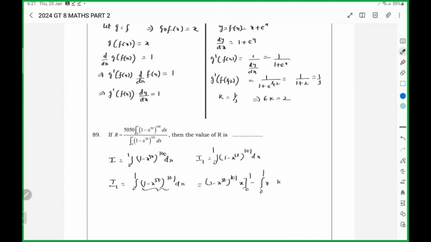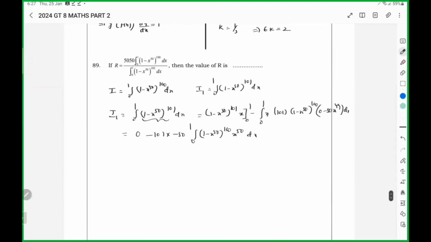Derivative of this, 1 minus x power 50 power 100. Again differentiating, we get dx. Upper limit is 0, lower limit is 0. 0 to 1, 1 minus x power 50 power 100, x power 50 dx. 101 into 50. I'll put 1 minus here.